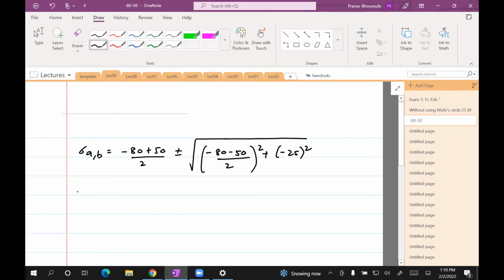Solving for sigma AB, the first term is minus 15. The second part is basically the radius, which is 69.6.